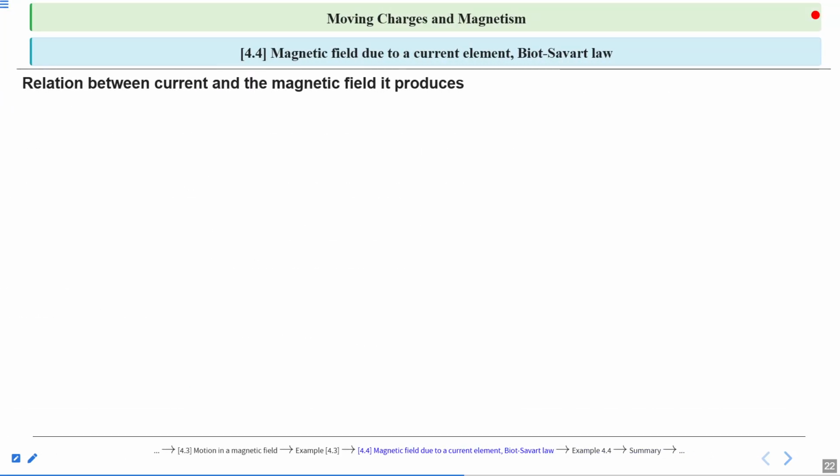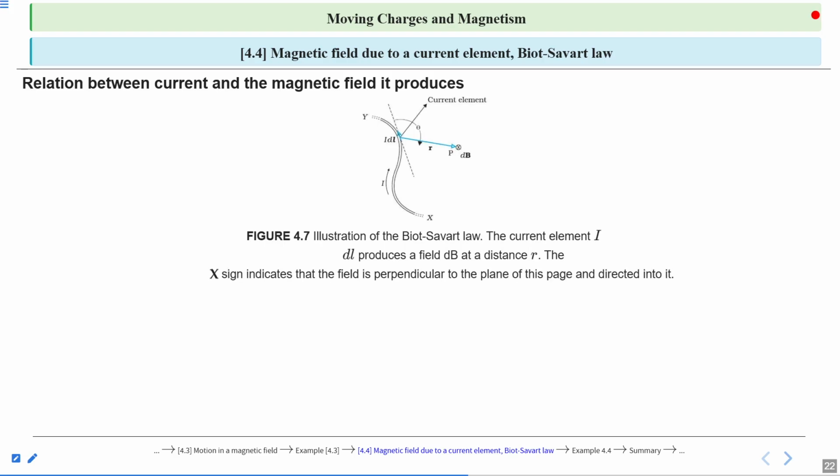Now our next topic is NCERT section 4.4, magnetic field due to current element, Biot-Savart's law. So the relation between current and the magnetic field it produces. Figure 4.7, what is it representing? Illustration of Biot-Savart law.